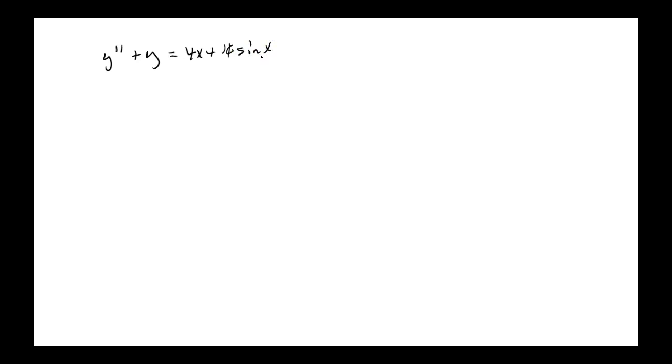Ooh, and this is an initial value problem. Given that y of pi is equal to 0, and y prime of pi is equal to 2. Now, is that a legitimate initial value problem?